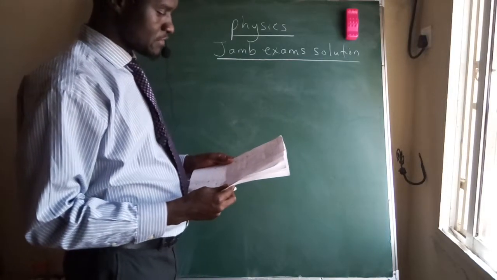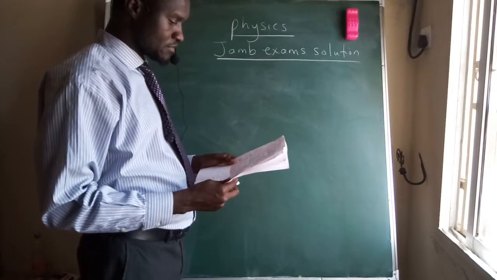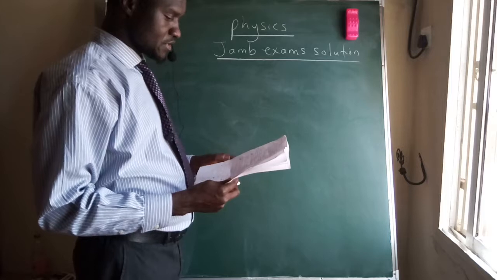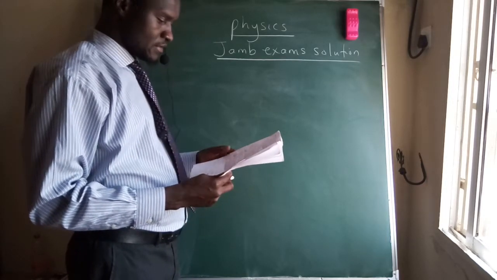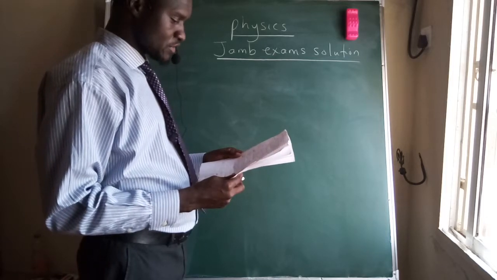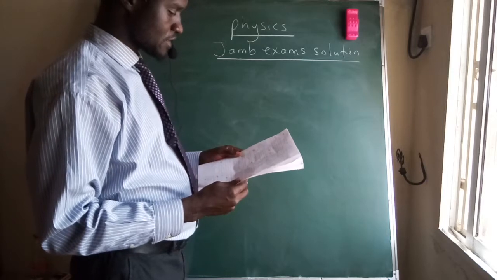Now the first question says a train with an initial velocity of 20 meters per second is subjected to a uniform deceleration of 2 meters per second squared. The time required to bring the train to a complete halt is... So from the question we are given some data.